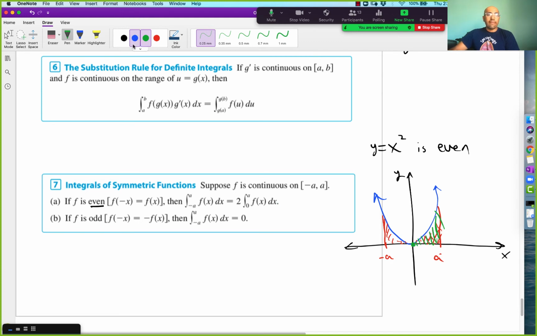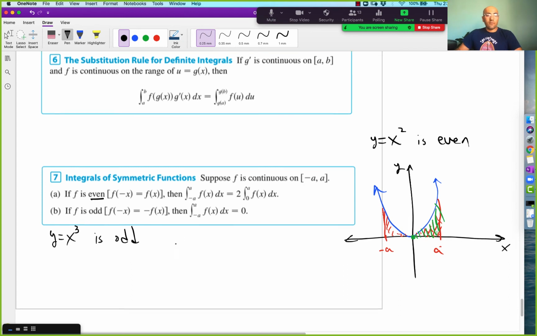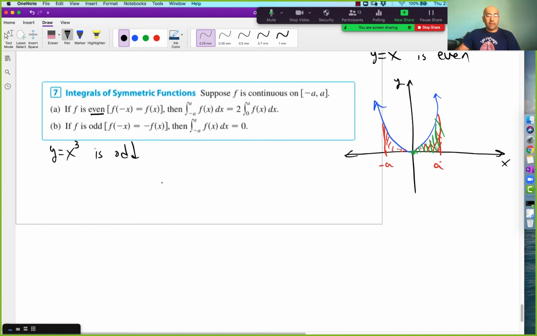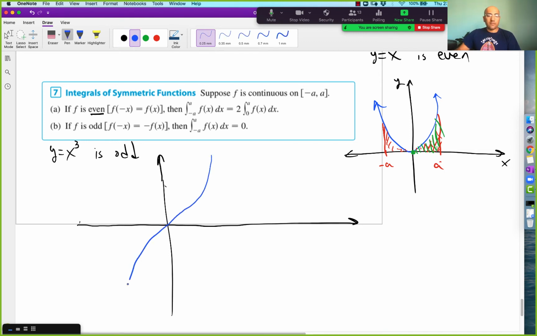And then on the other hand, if we had an odd function, remember a classic odd one is just this. Let's just use this line then. If we had the odd function, remember that this kind of looks like this.